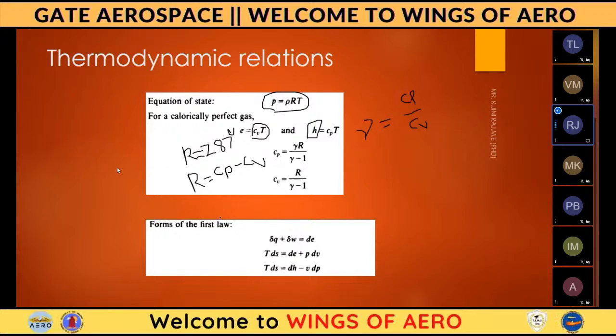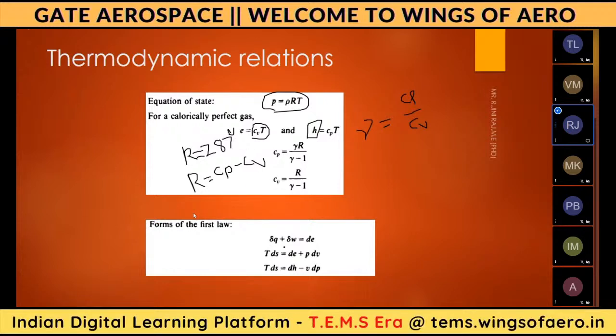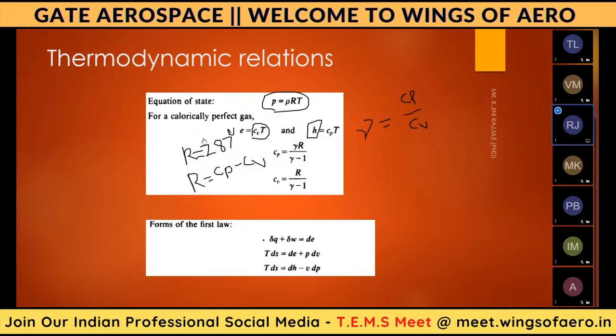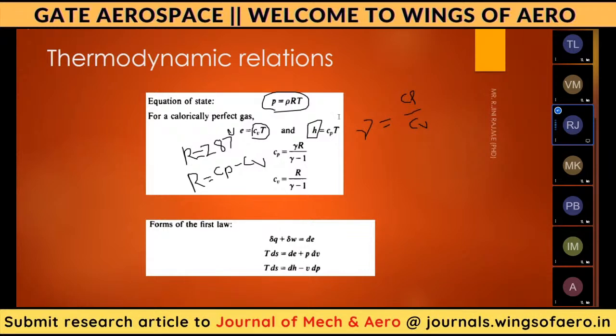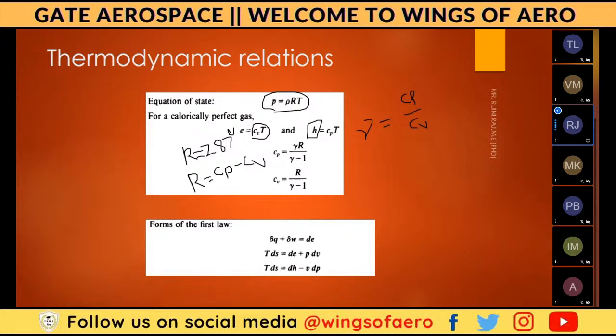And also we know the forms of the first law, del Q plus del W equal to del E. Then Q equal to T into dS, and W equal to P into dV. Therefore TdS equal to dE, the change in internal energy, plus P into dV.